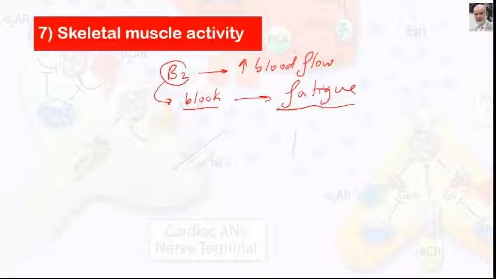The person will feel fatigue very fast. This is a very common side effect of beta blockers. The person will complain of fatigue because blocking of beta 2 receptors on the skeletal muscle will decrease blood supply or blood flow, and the muscle will get fatigued very fast.